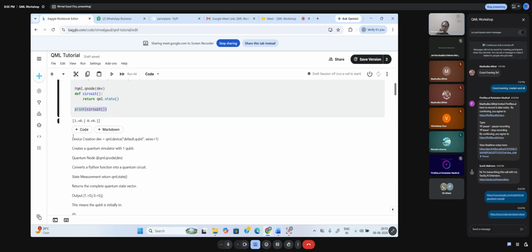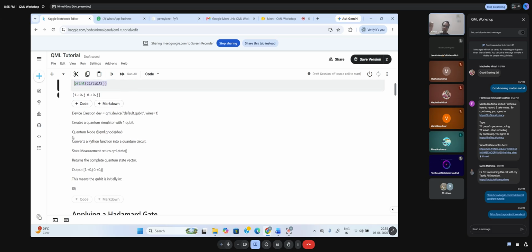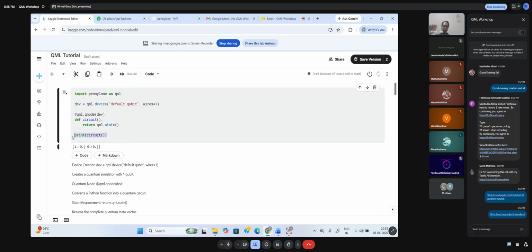Here is the explanation of each line of code. First is device creation. Obviously, I require a quantum device to convert input into quantum bits. This will create a quantum simulator, a quantum environment, of one qubit.